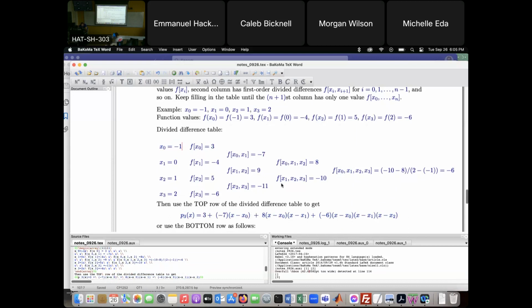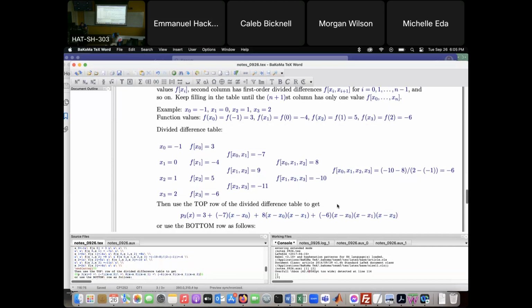Then plus the next coefficient, that's the 8. And then whatever linear factors you had in the previous term, you carry over to the next term, and you multiply by a new one. So it'd be x minus x1. And then finally the last coefficient, the minus 6, times whatever factors you had before, times x minus the next point, x minus x2.